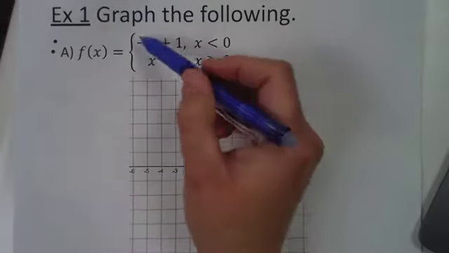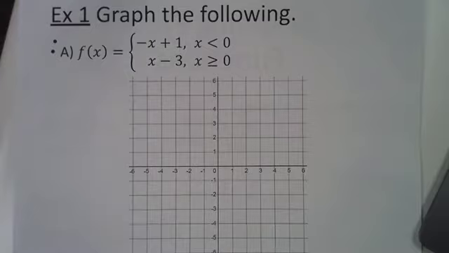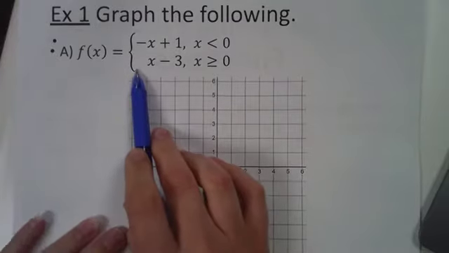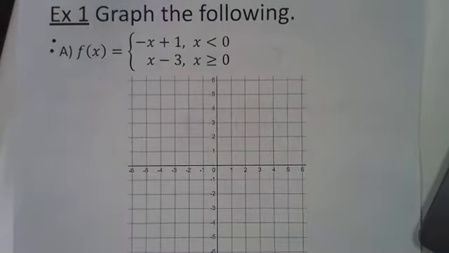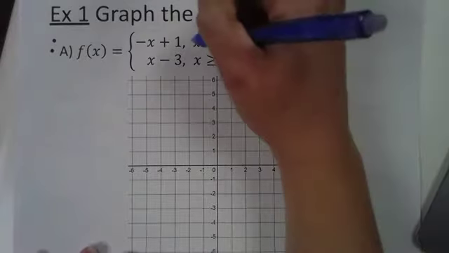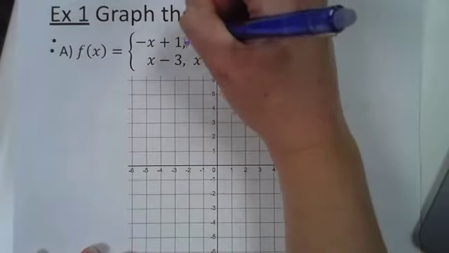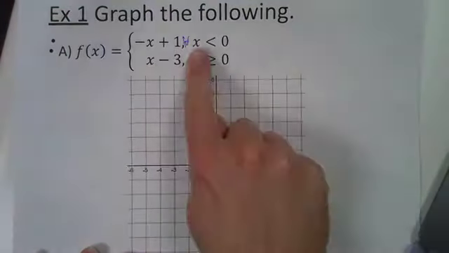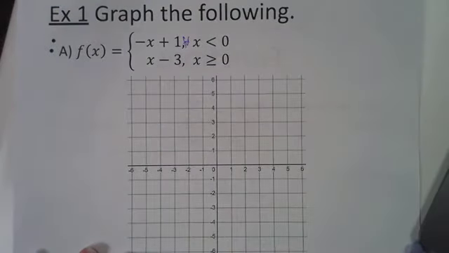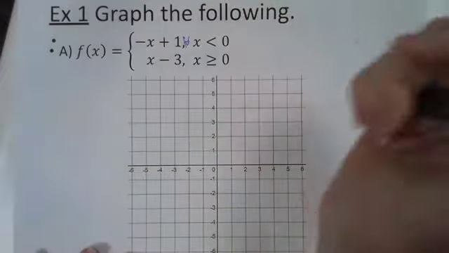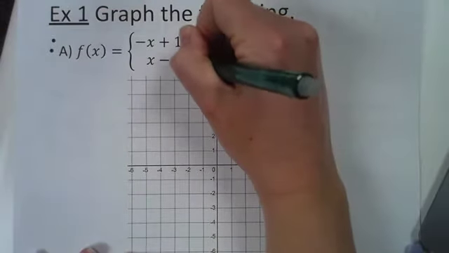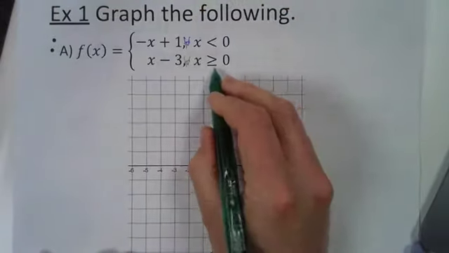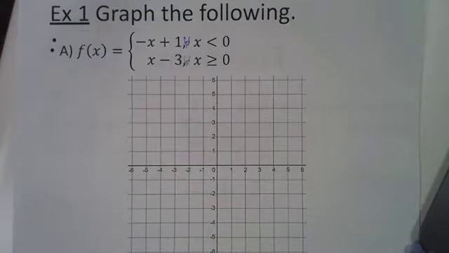F of x equals, got this big curly bracket. So this entire function here, negative x plus 1, for x is less than 0. And x minus 3 for x is greater than or equal to 0.